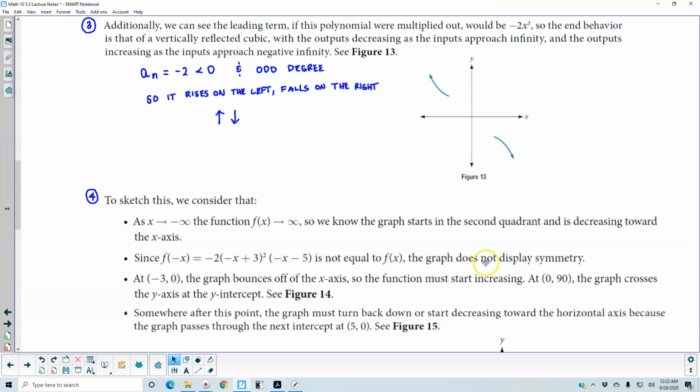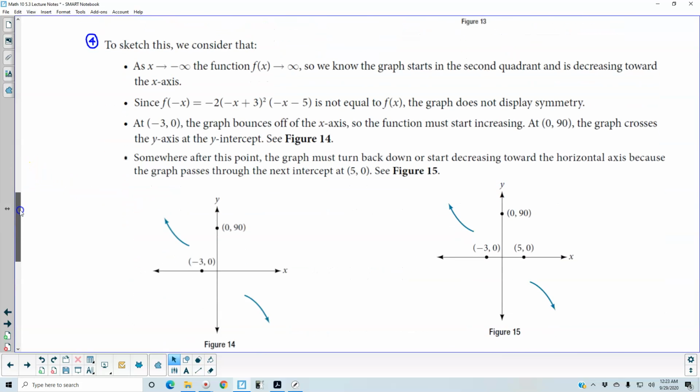So therefore the graph does not display symmetry. And at the point (negative 3, 0), the graph bounces off the x-axis, so the function must start increasing. At (0, 90), the graph crosses the y-axis at the y-intercept.